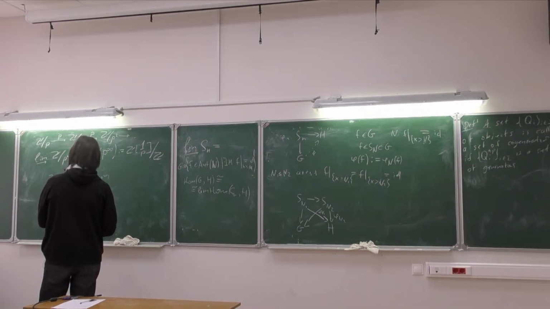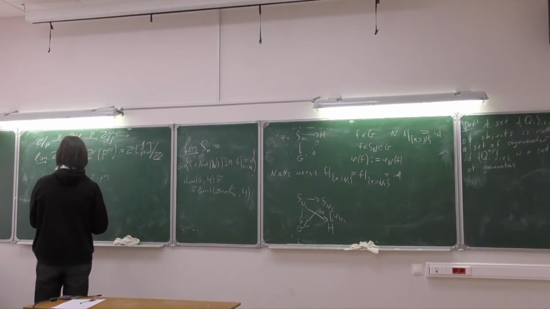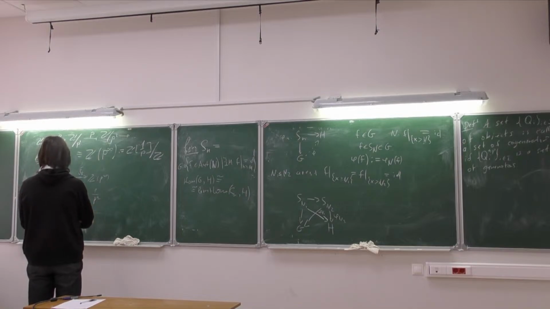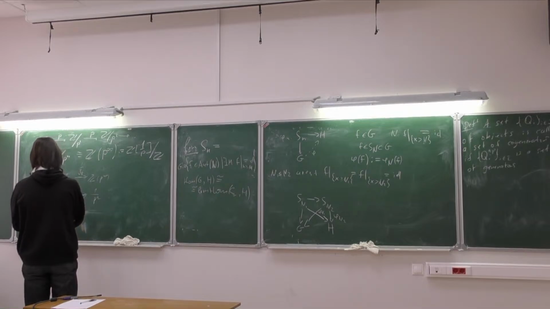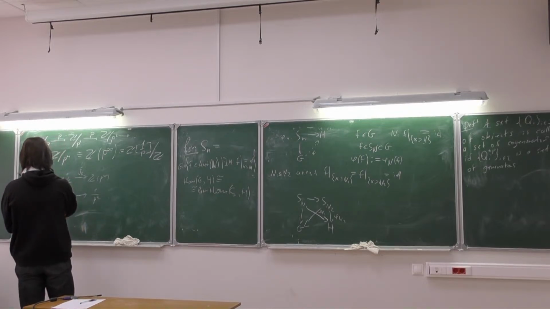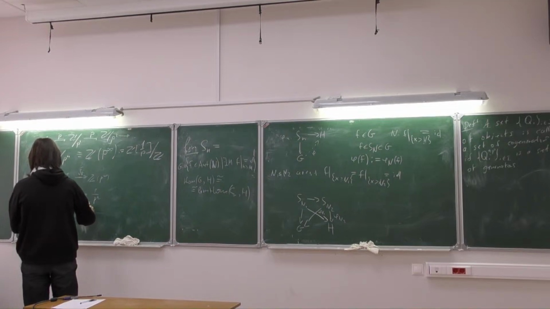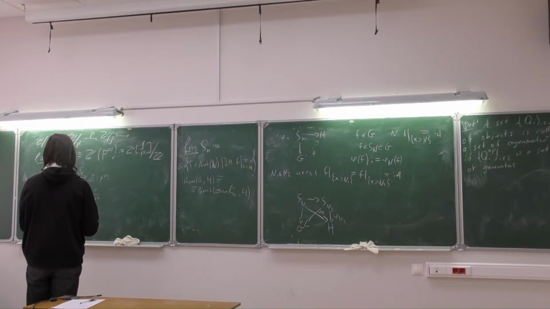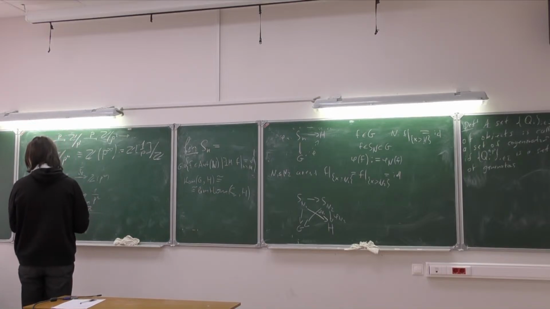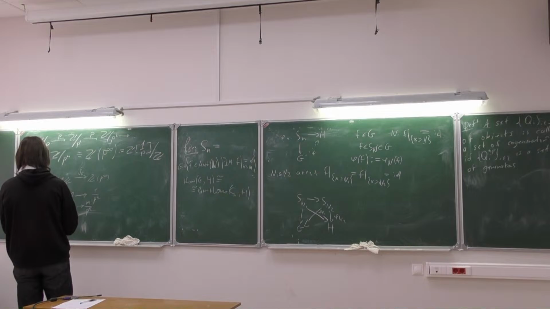Why is this a group homomorphism? We need to say that this is a cyclic group, a group with one generator.